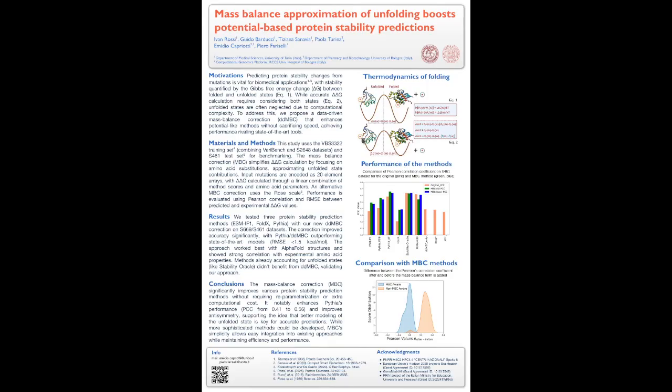We tested it on several methods, like the IF1 protein language model, the FoldX force field, and the Pythia graph neural network, where we find substantial improvement in their performance, as is shown in figure 2.